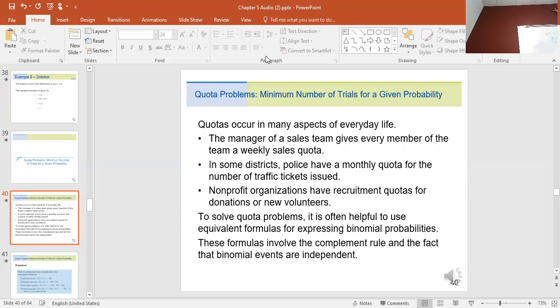A quota is a minimum number of successes at a certain level of confidence. In general, that's what it is. We'll give you an example. We will solve that example.